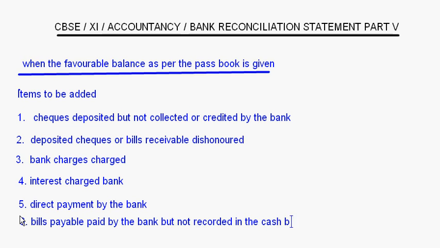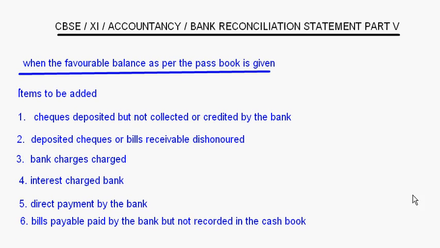So bills payable means money has been paid, right? So when the bank pays that, the amount will be debited. So the bank balance comes down, but the cash book will be higher. So again it will be added, right?